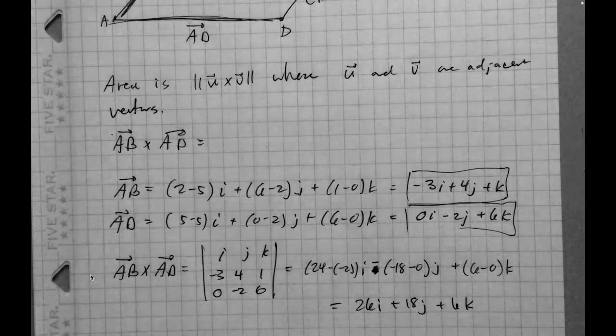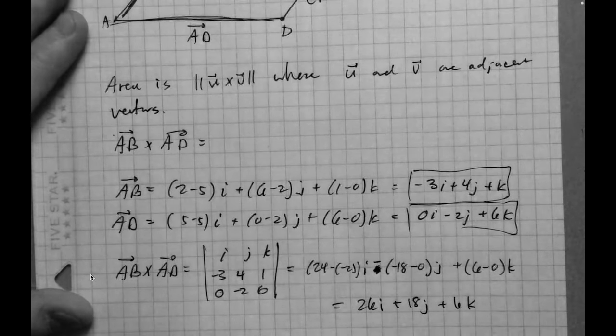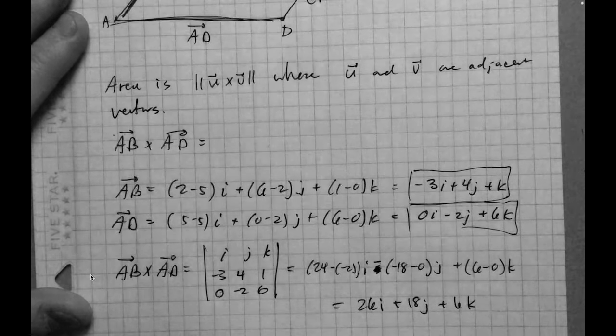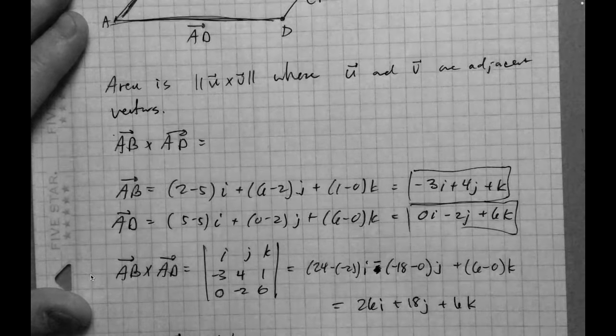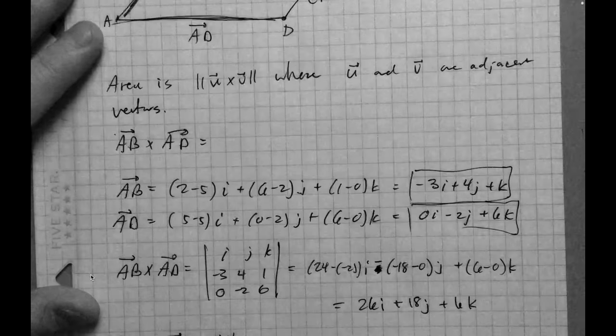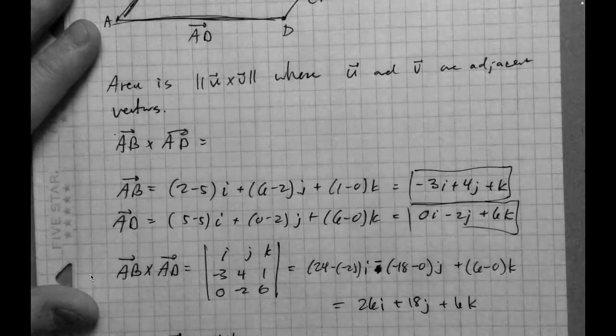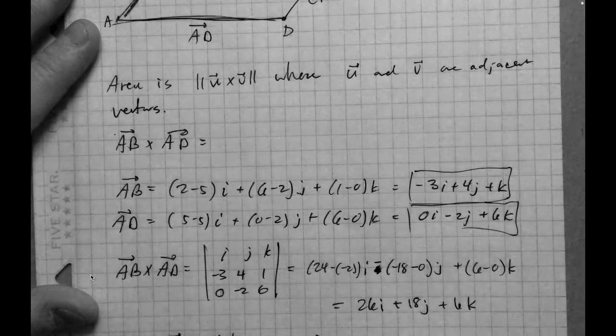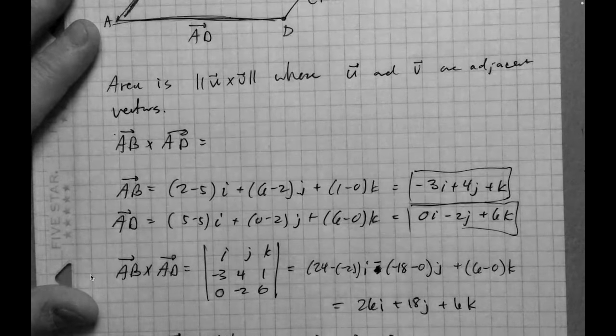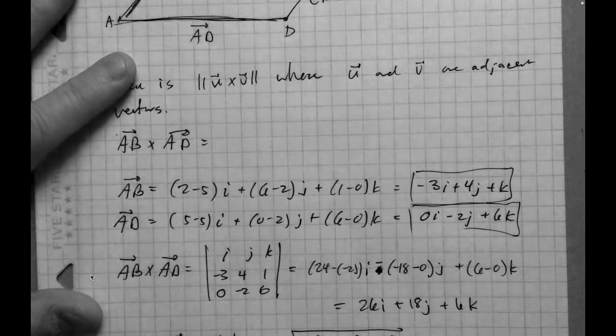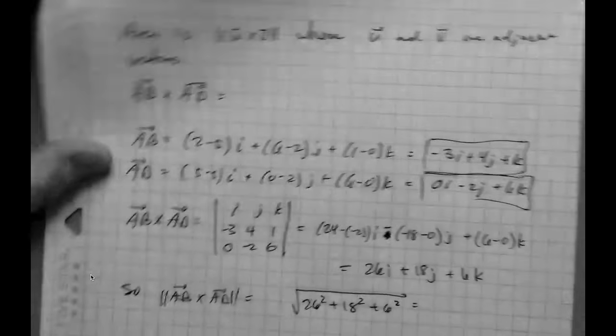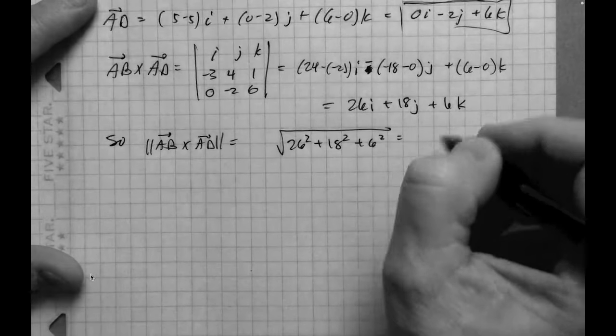Now what we need is the norm of that. So the norm of AB cross AD, it's just going to square all these things, add them up, and take the square root, right? So 26 squared plus 18 squared plus 6 squared. All right, that's something that's a little bit of a mess, but we can get down to this.